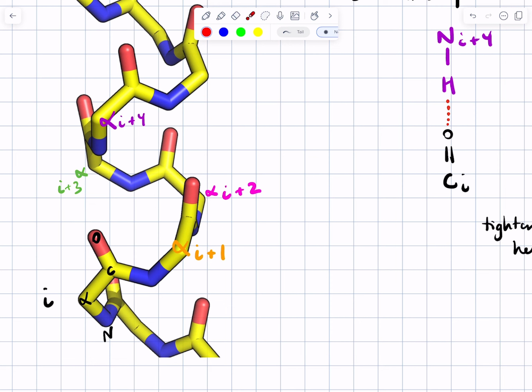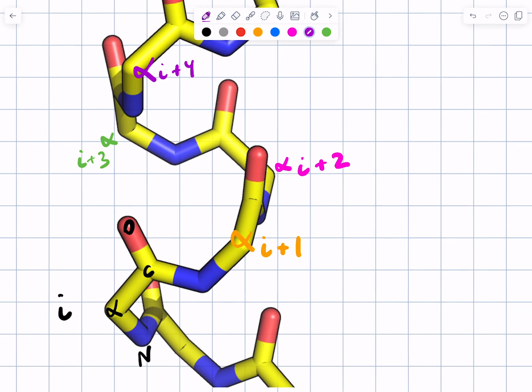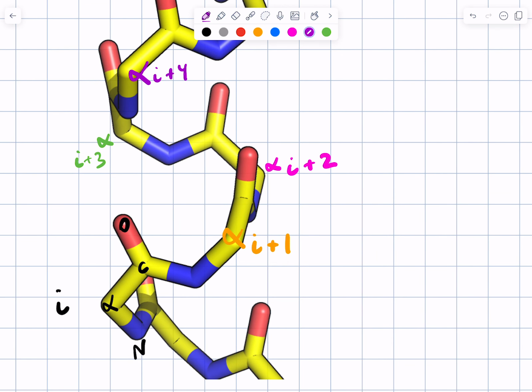All right. Notice that the carbonyl oxygen, this image is obtained from a crystal structure of this peptide. Notice that the carbonyl oxygen of the I position amino acid is pointed towards the amide nitrogen of the I+4 amino acid. In crystal structures, you don't actually see hydrogens. They're too small.